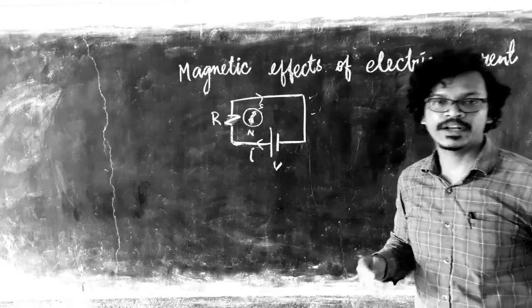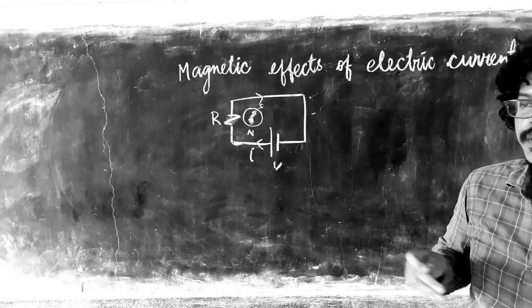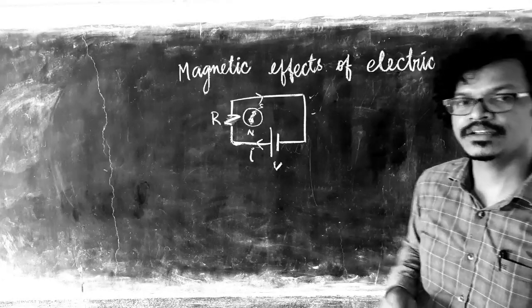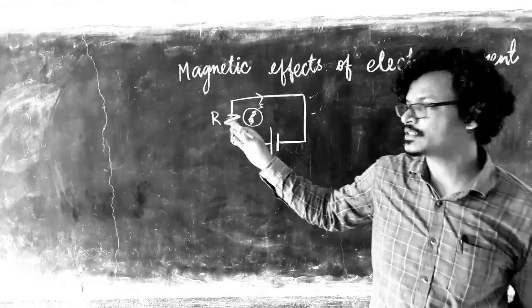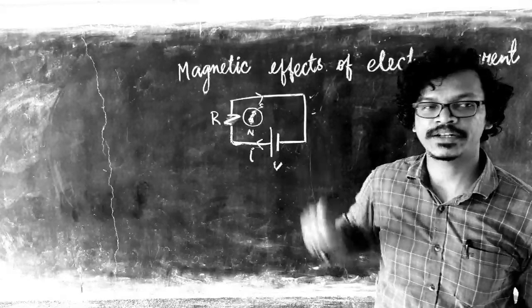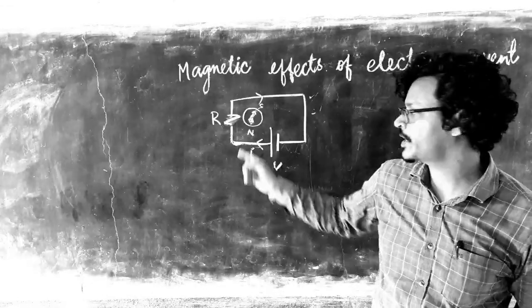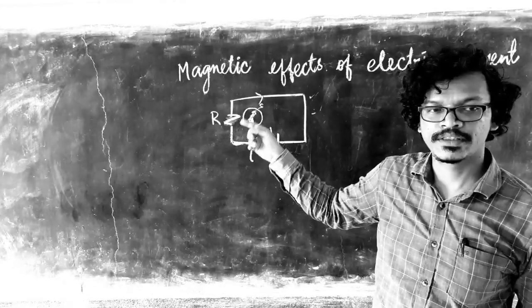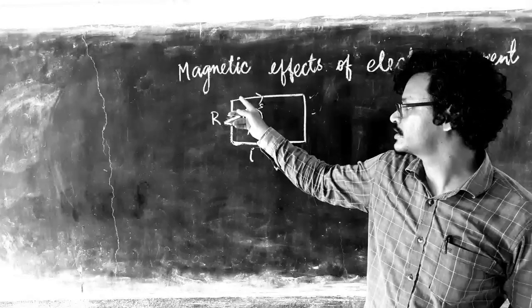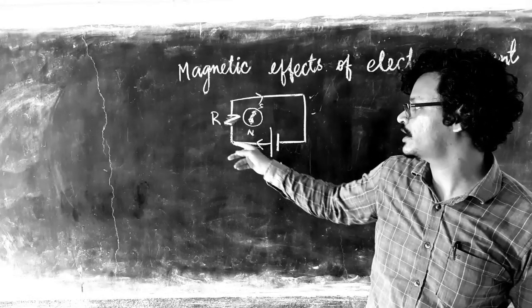And we know that a magnetic compass deflects only when there is a magnet. It means there might be some magnetic field around this current carrying wire. So there is a magnetic field around a current carrying wire.